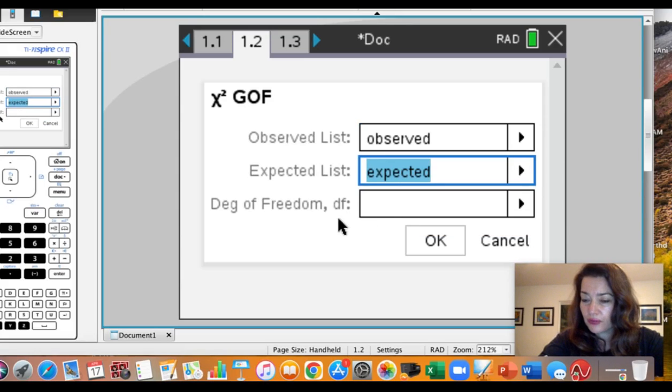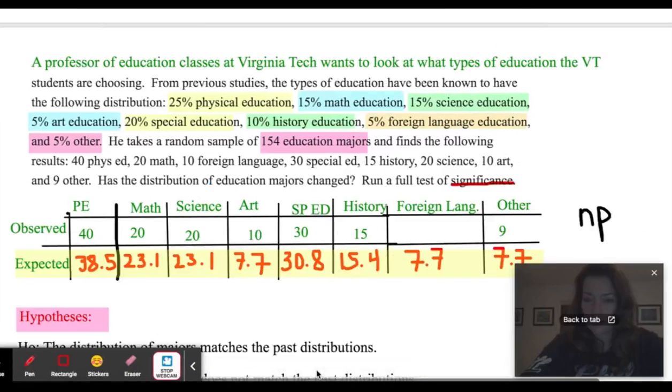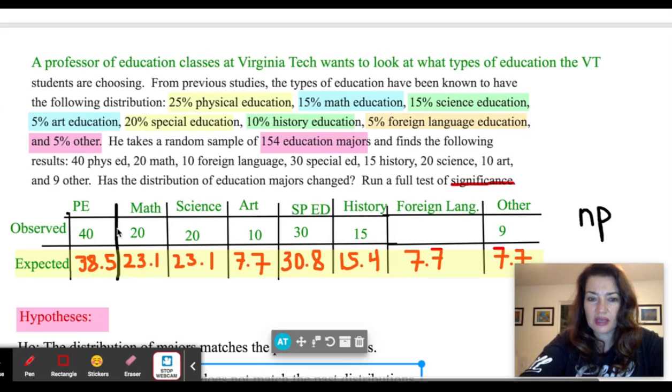Now, the degrees of freedom, how do we calculate that? That is the number of categories minus 1. So if you look at how many majors we have, you can see that there's PE, math, science, art, special ed, history, foreign language, and others. So if you count that, that's 1, 2, 3, 4, 5, 6, 7, 8. So 8 categories minus 1.